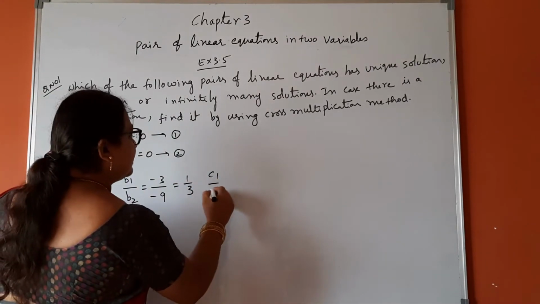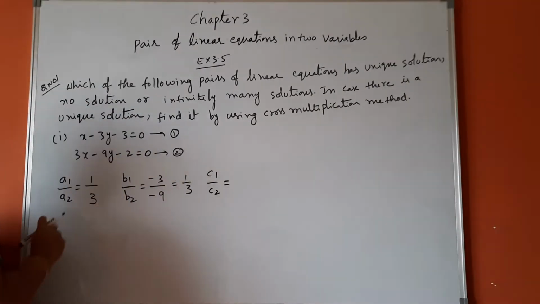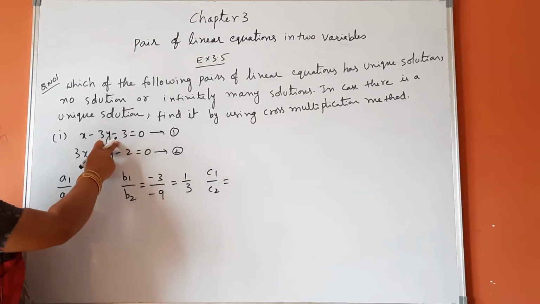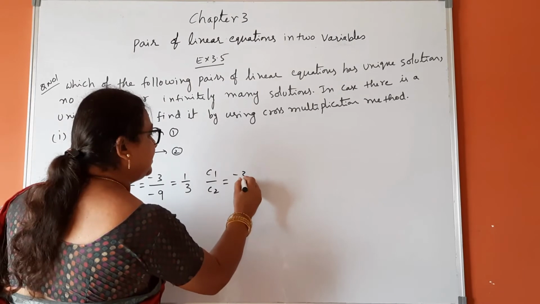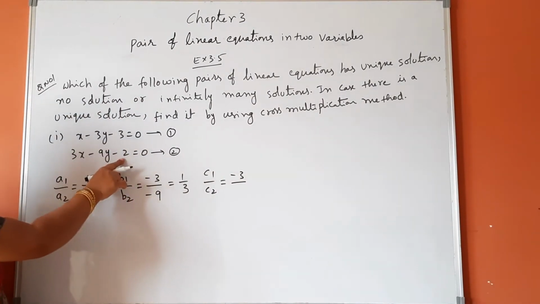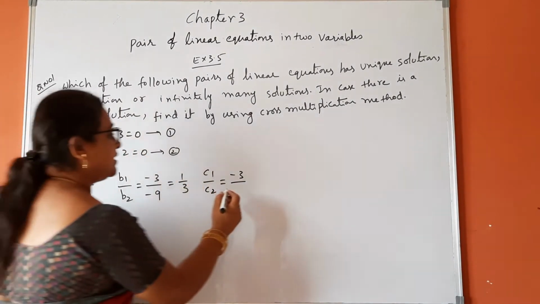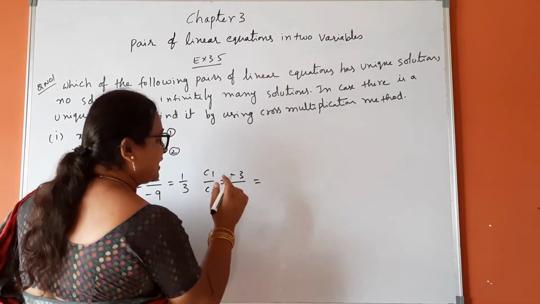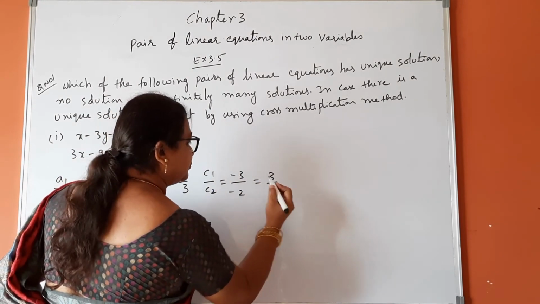Then C1 by C2 is equal to C1, the constant term of first linear equation, that is minus 3, by C2, constant term of second linear equation, that is minus 2, which is 3 by 2.